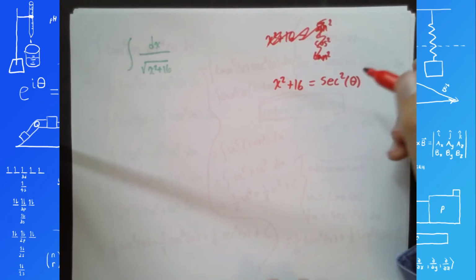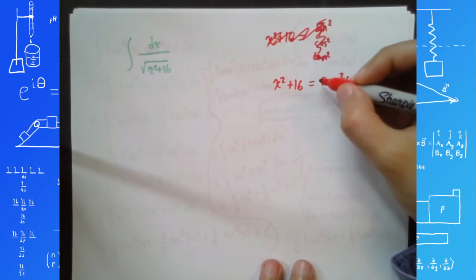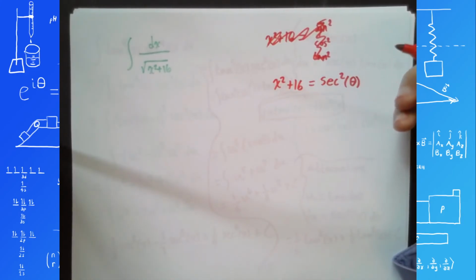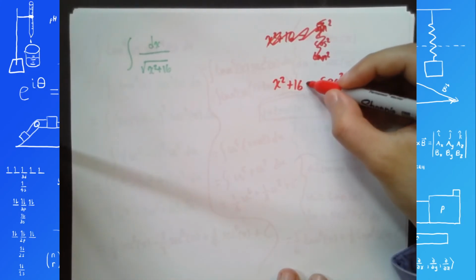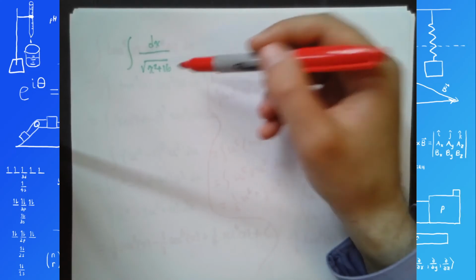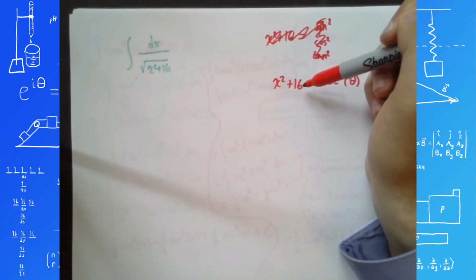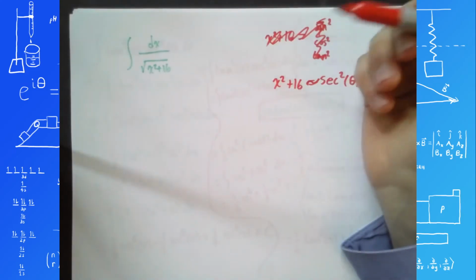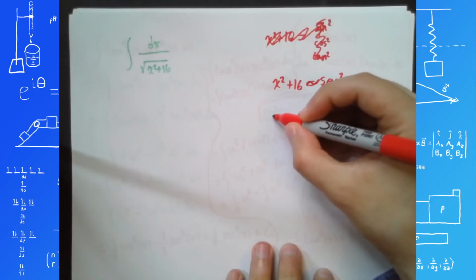Not quite, but I want it to be something related to secant squared of theta. So first, I need to get rid of this 16. I need to reduce it to a 1, so I'm going to divide everything by 16.